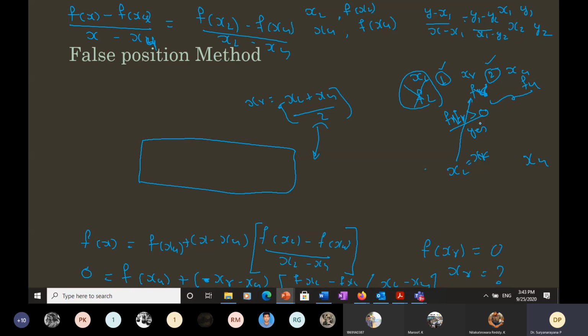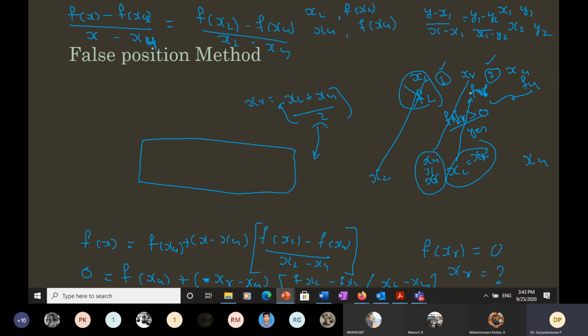If this is false, meaning one of them is positive and one of them is negative, in that case, which half has the root? In that case, the first half will have the root. Then what do you do? You keep the XL and XU, you throw away this, and the new XU is going to be XR. So this is the logic.